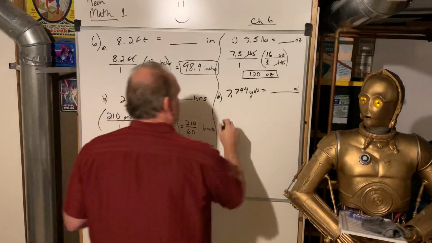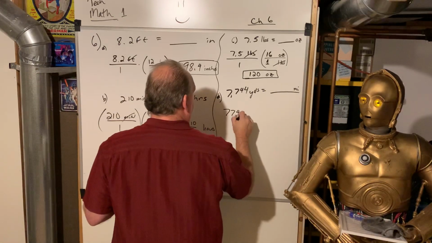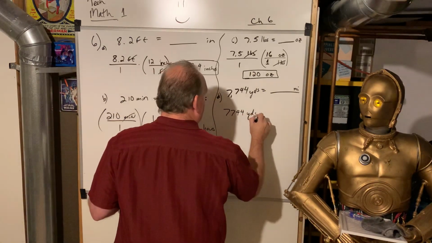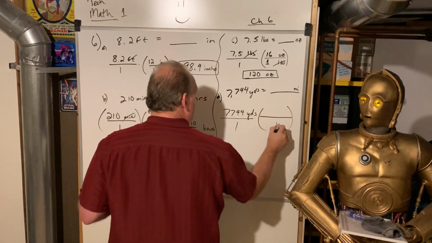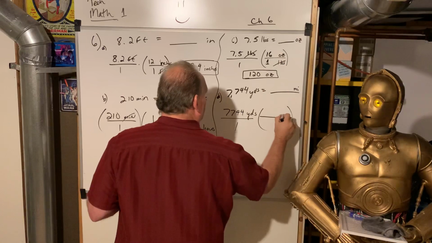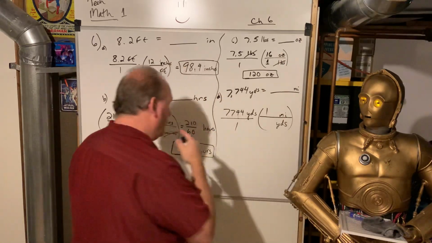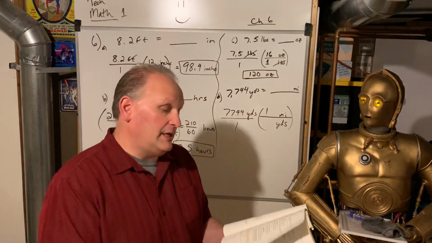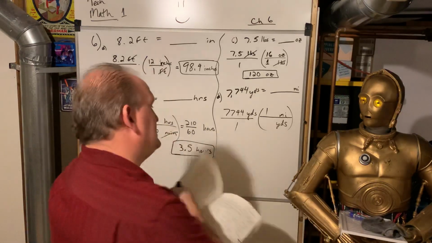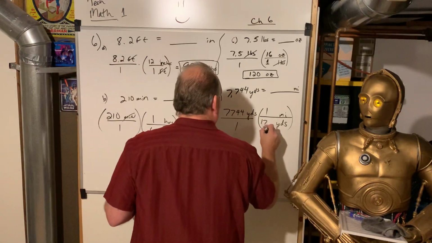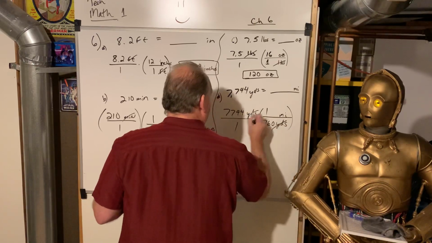And now yards, 7,744 yards. And I want yards to go away, miles to stay. So 1 mile, I'm going to have to consult the chart there: 1,760 yards. So the yards cancel.